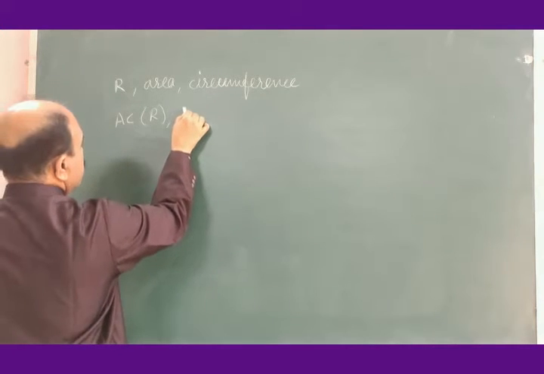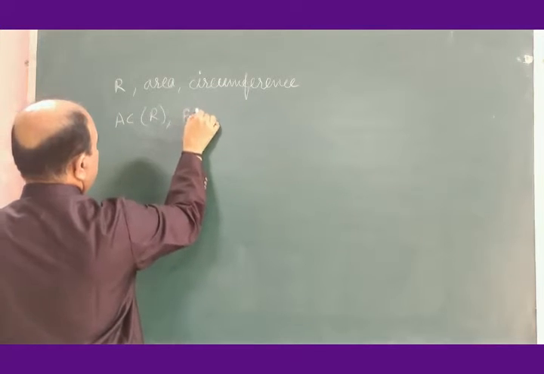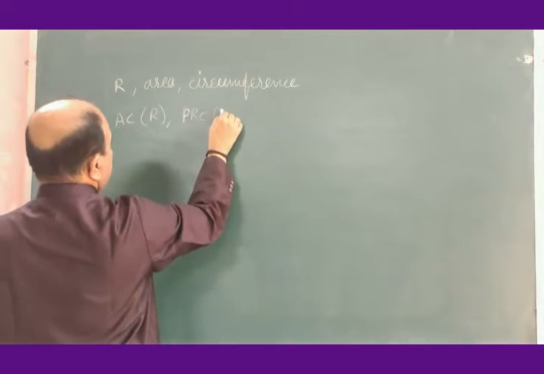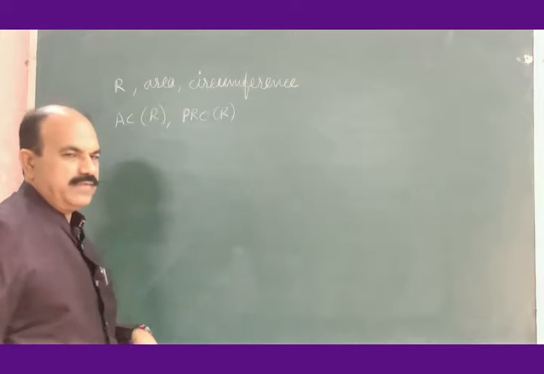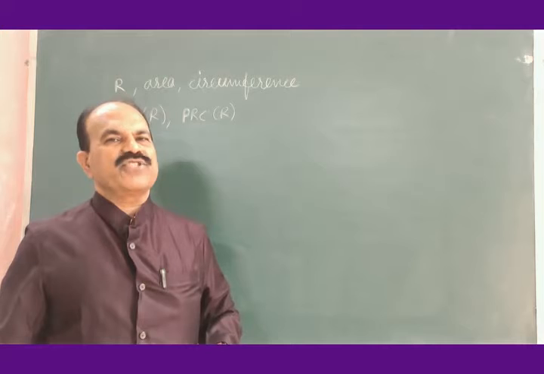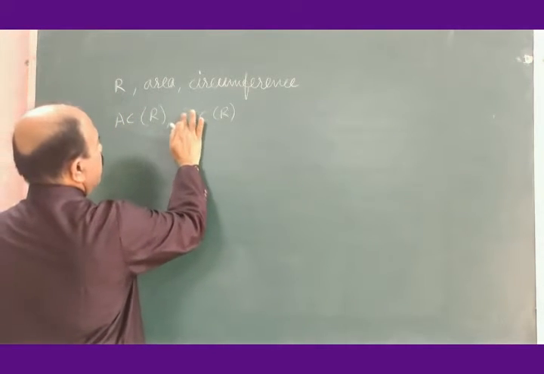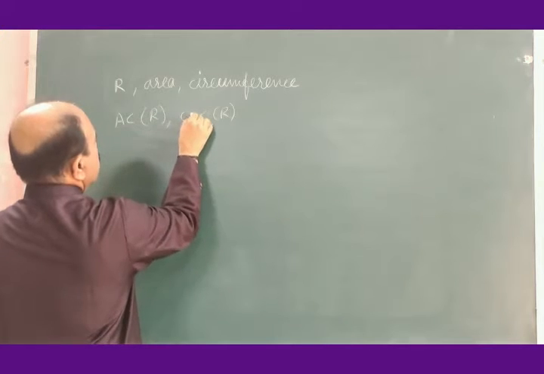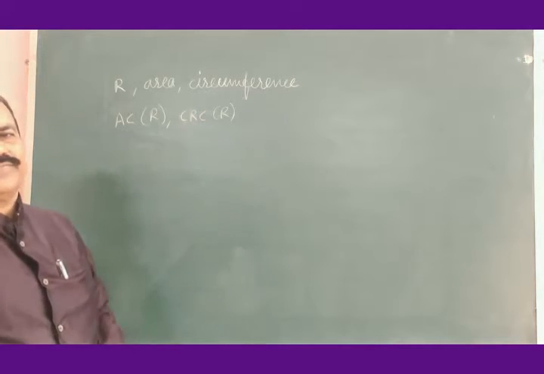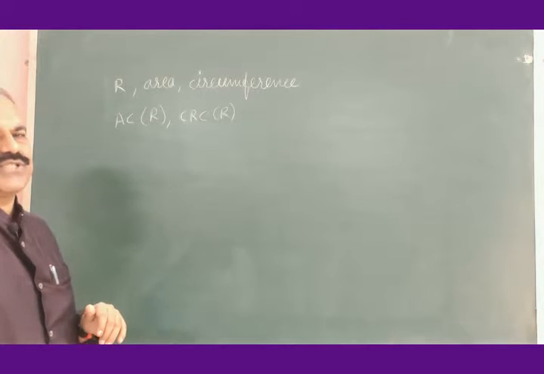Let me write this as PRC of R. Actually, we don't call the circumference as perimeter for a circle, but you can simply write here CRC, circumference of circle. How to go for this?